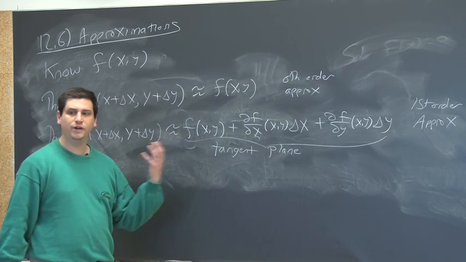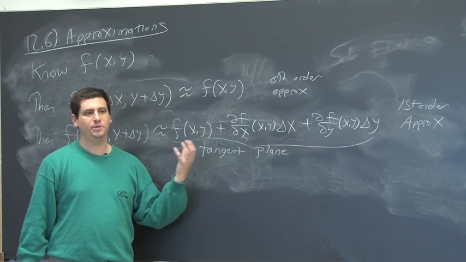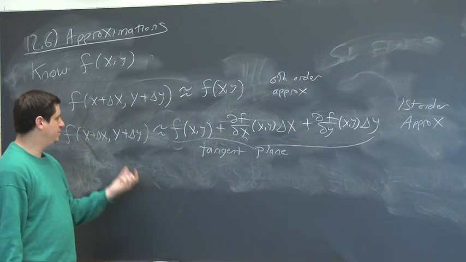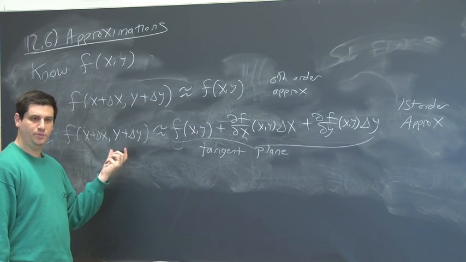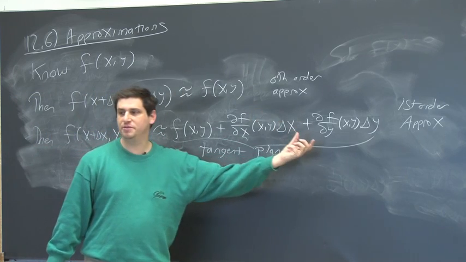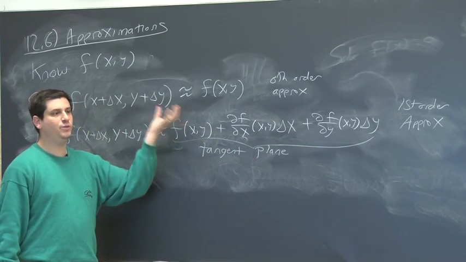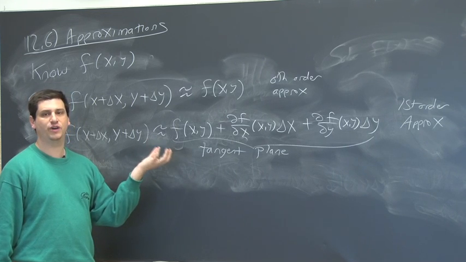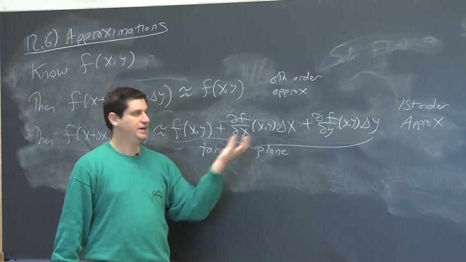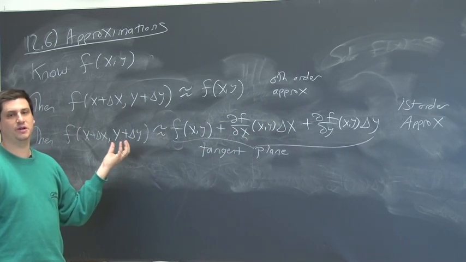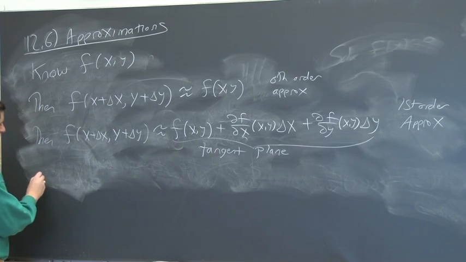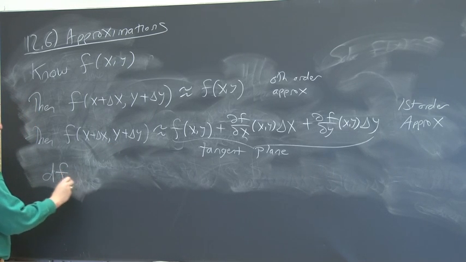And remember, we said the way we define what it means for a function to be differentiable is we say the value when we move minus where we predict from the tangent plane is so close to each other that even when we divide by the distance we've traveled, it still tends to 0. That the tangent plane is an excellent approximation to where we are. So this leads to the notion of df for the change in f.